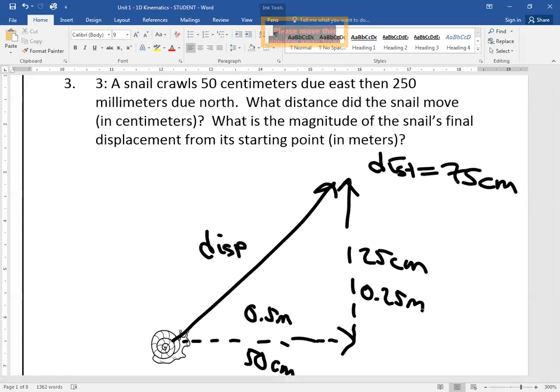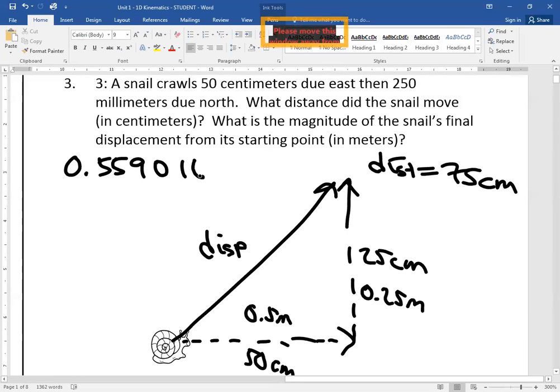So my calculator says this: 0.0559016994 meters. Does that look good? Did I do it right?